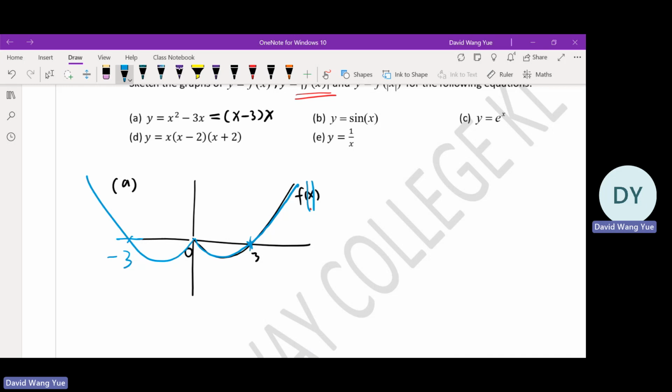So this is f of absolute value of x. And then you can use the calculator to check. If you are doing homework, you can also use the decimal graphing calculator to check.